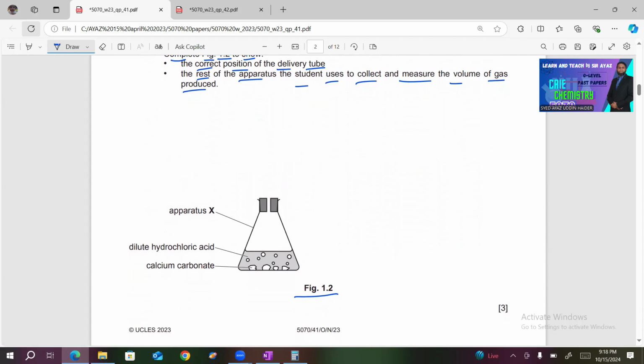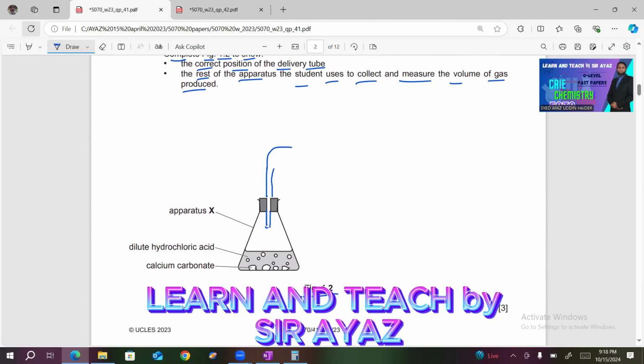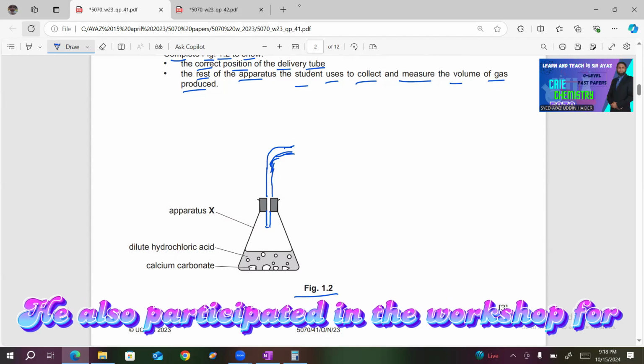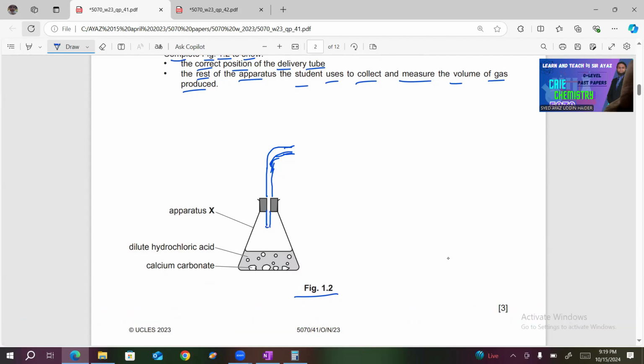So delivery tube should not be dipped in the solution as gas is produced. And you need to collect the gas. We need to draw the gas syringe to collect the gas.